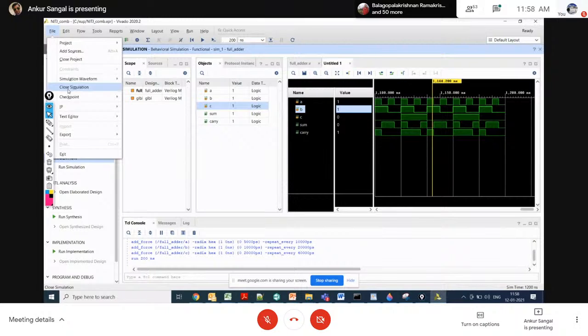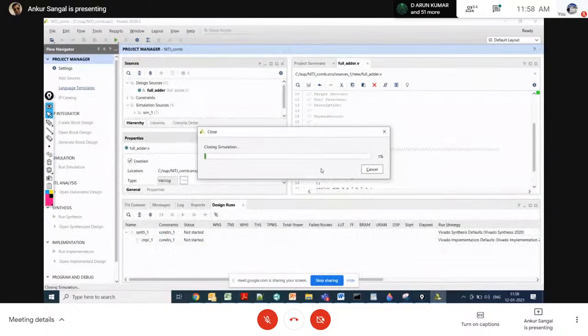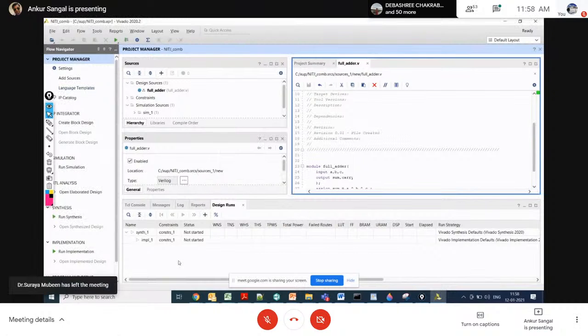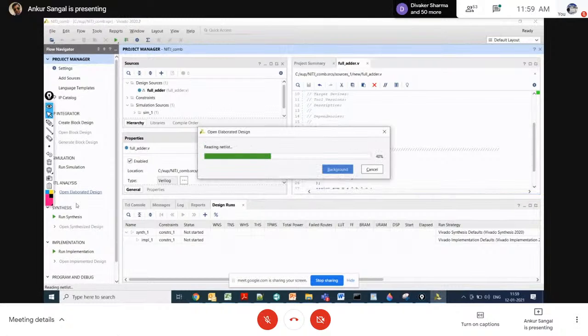So now go to the file, close simulation. After that, you can click on open elaborated design. Basically, in this open elaborated design, the tool will check whether it is possible to convert your design into RTL or not.